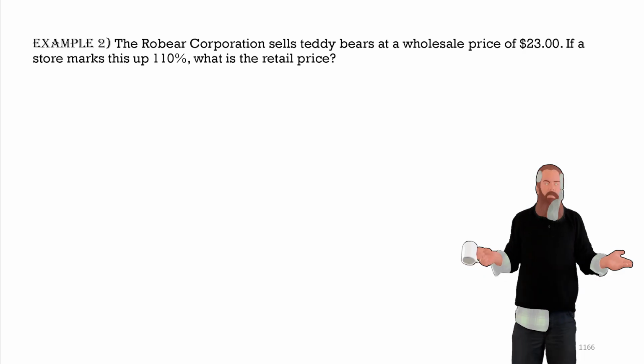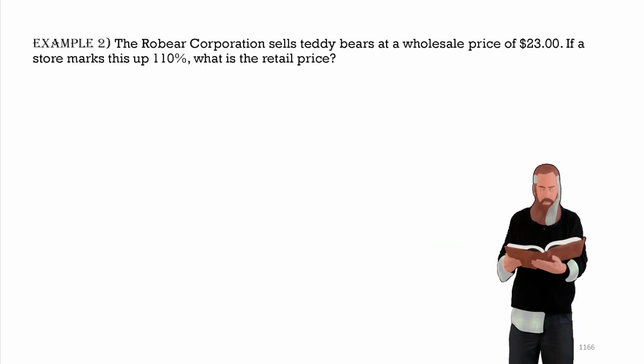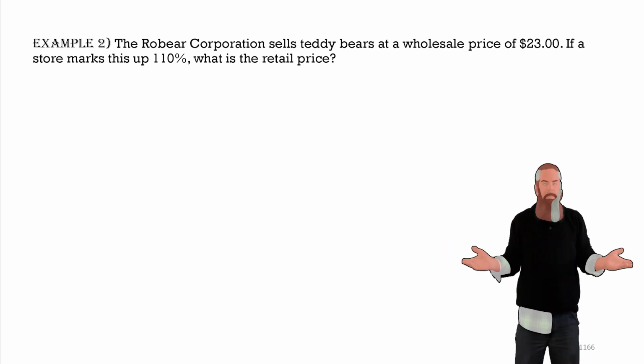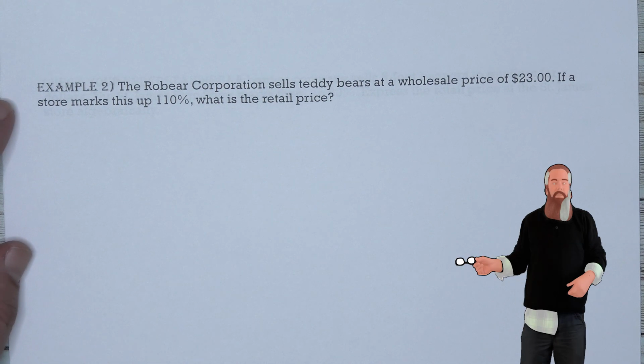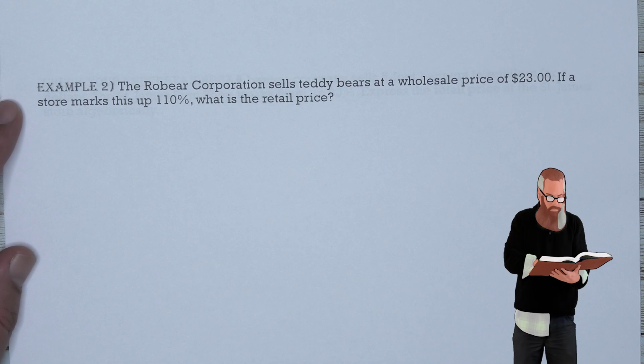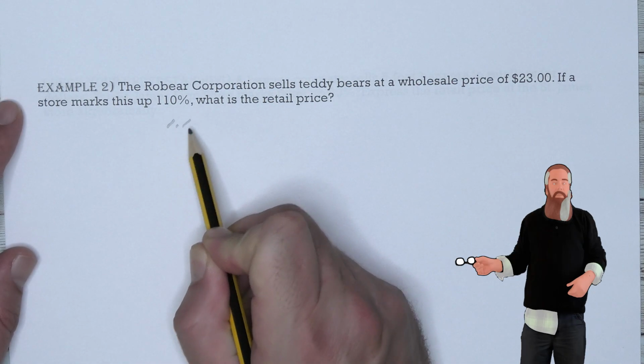The Robear Corporation sells teddy bears at a wholesale price of $23. If a store marks this up 110%, what is the retail price? Now, compute the markup, then calculate the retail price. First, we need to convert the percentage of markup to a decimal, and 110% is 1.1.